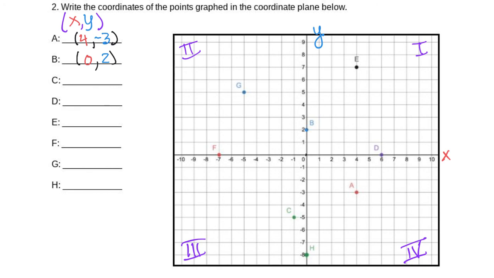And then looking at C, you can see that is here in the third quadrant. And it is going through these 2 values. So it is left 1, down 5. So that is going to be negative 1 for the x and negative 5 for the y. Please do the rest.